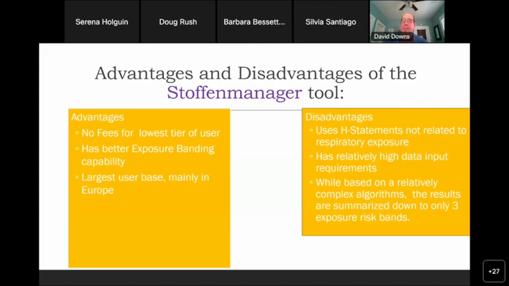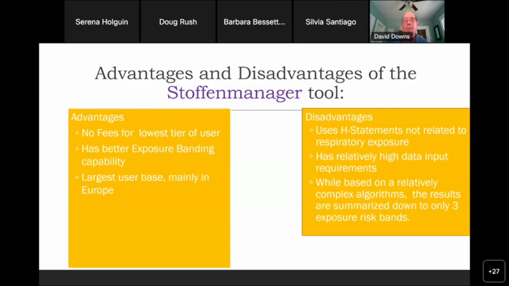My concern is that it's really a fairly sophisticated tool. It has relatively complex algorithms. It really boils down to 3 exposure risk bands, and those are the priorities that we talked about briefly as well. So it doesn't give you a lot of choices. It just says, here's priority 1, 2, and 3. So it sort of boils things down to that level.